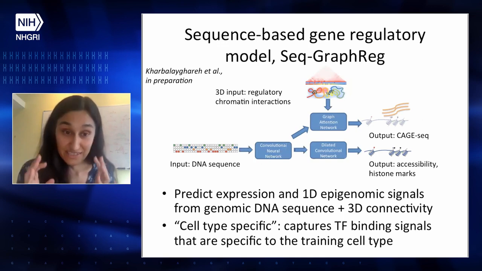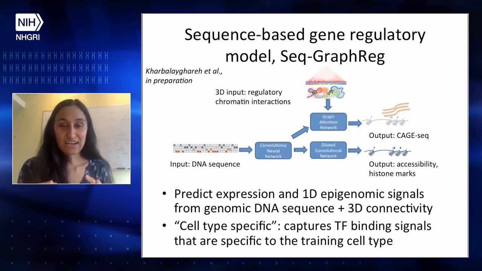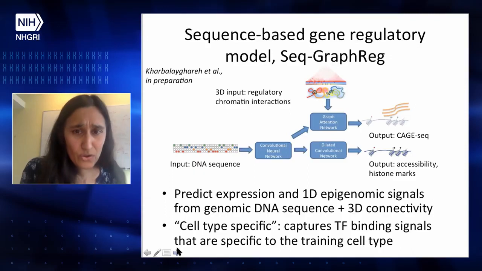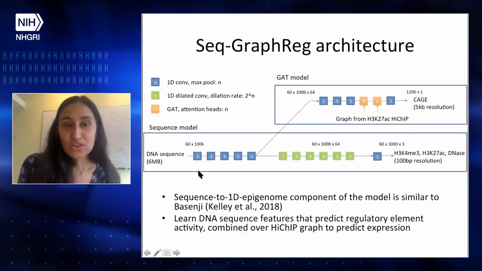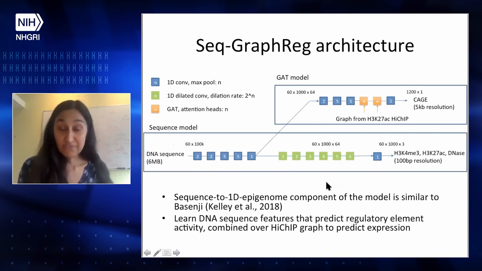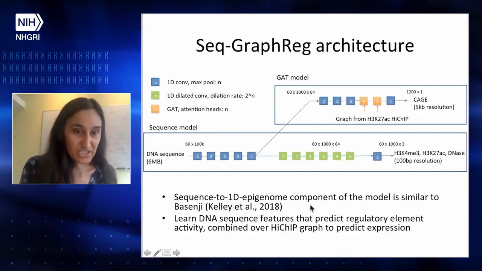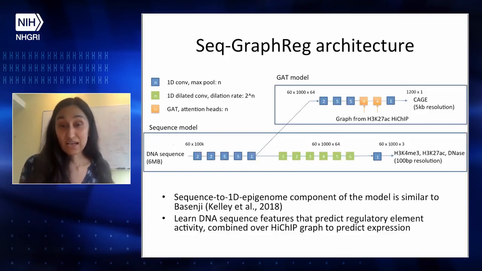This is definitely a cell type specific model, in that you're learning sequence information that is specific to the cell type that you train in. Just again, a few details on the model. The bottom path through the model is very similar to the dilated CNN model called Basenji, developed by David Kelley. So these sequence models have been used in regulatory genomics.